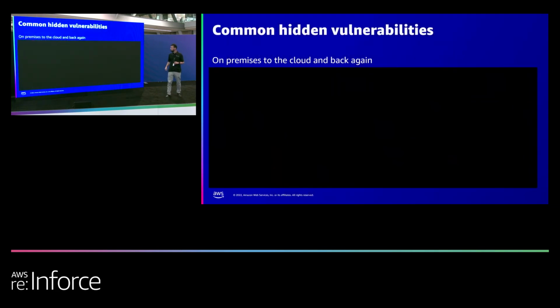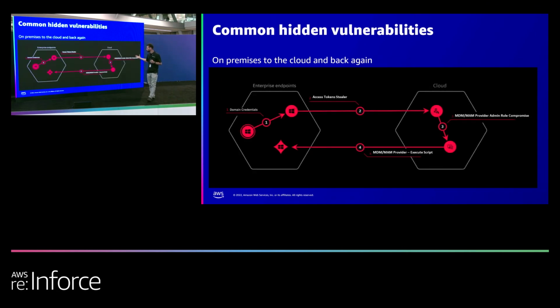So here are common examples that we've actually seen, to help make it more real. This is an Azure example. We're at an AWS conference, but we can still say Microsoft. We started from a random workstation, someone from marketing, and due to domain credential issues, we were able to pivot to someone from DevOps.